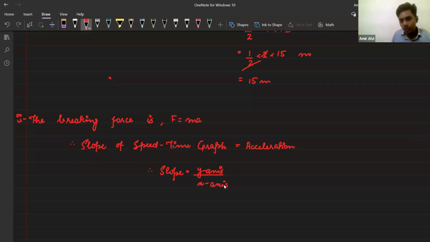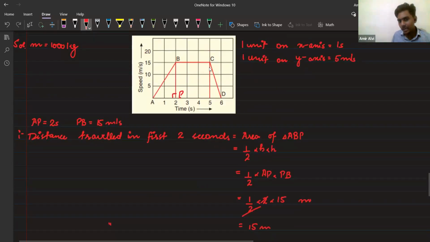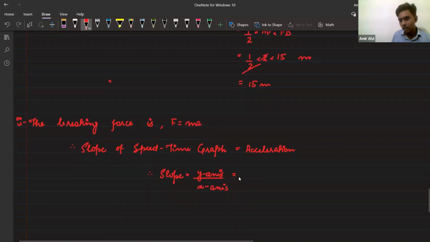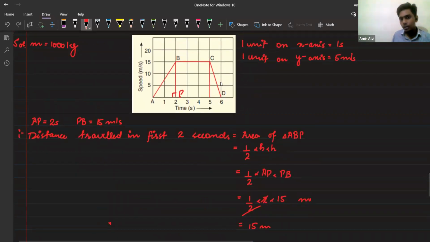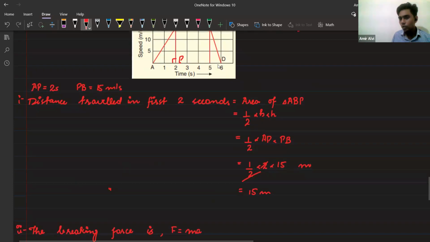So what is y-axis here? Y-axis is 15, right? The value of y-axis is 15. And the value of x-axis is 1. 6 minus 5, it's 1. Base is 1, na? That's one, everyone.